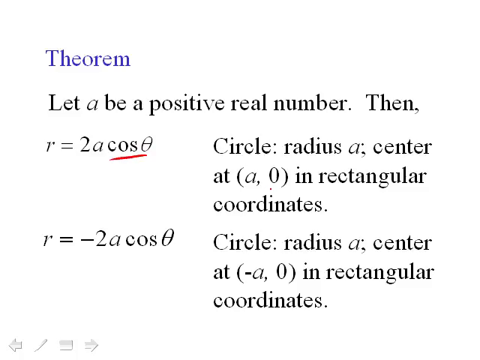So that'll be to the right, and minus a if it's negative, to the left. Did I say it right? I hope I did. If we've got sine, it moves it in the y direction, that's up or down. Cosine substitutes with the polar coordinates to the x direction, so that moves it left or right.